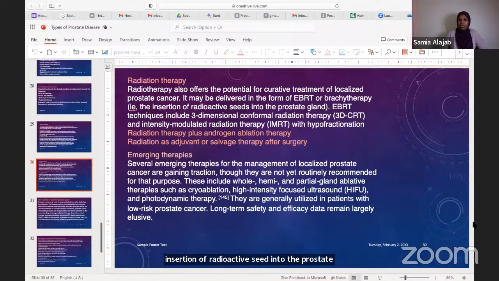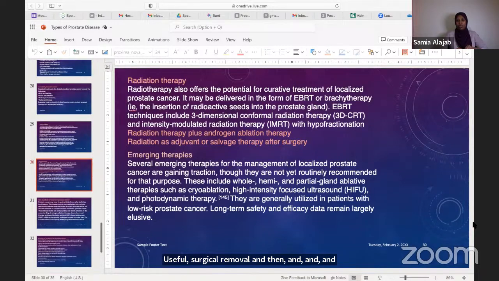External beam radiation therapy techniques include three-dimensional conformal radiation therapy and intensity-modulated radiation therapy with hyperfractionation. Radiation therapy plus androgen therapy is another sort of treatment. We can use radiation therapy and androgen therapy, or radiation therapy as an adjuvant or salvage therapy after surgery. So we can use both surgical removal and then radiation therapy.